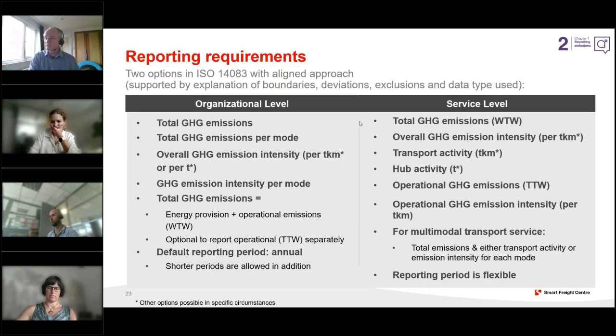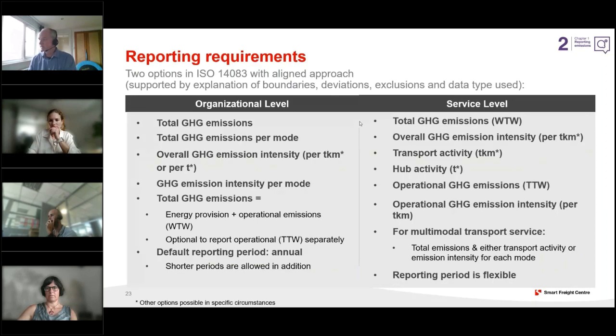You've got the organizational level reporting, where basically you add up your emissions for the organization as a whole, adding up all the transport chains that you're responsible for, putting that into your emissions inventory as explicit values for the logistics sector, so that it can be identified, and making sure that that covers both total emissions and intensities, and breaking that out by mode as well, but also having that information available at the service level for communication between the different organizations in the supply chain.